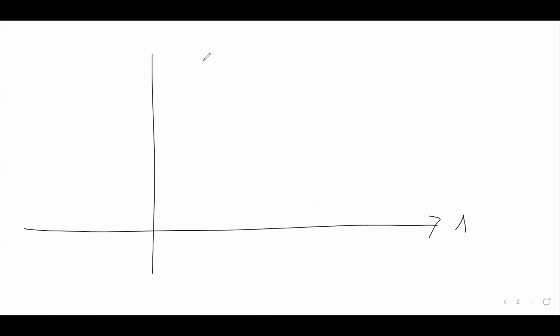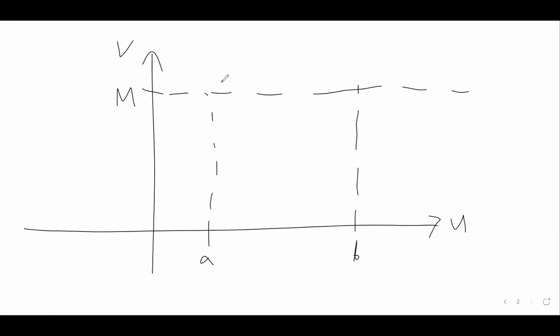If you have your u-axis and your v-axis, because the first and second coordinates are u and v respectively, then u goes from a to b, and the value of the function is between 0 and capital M. So we're living in this rectangle that I drew, where the top three sides are dotted and the bottom one is the u-axis.